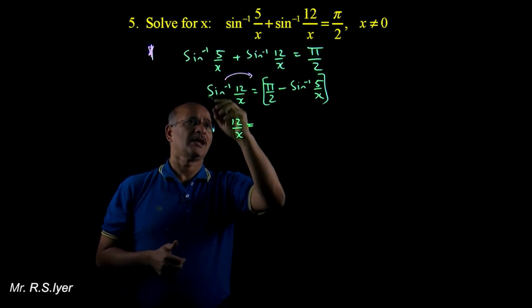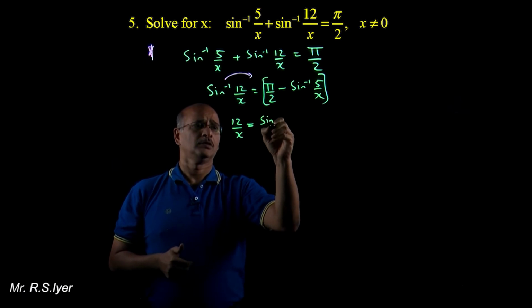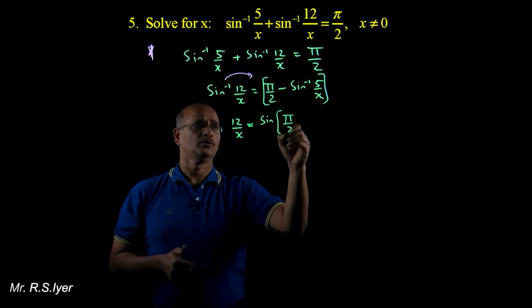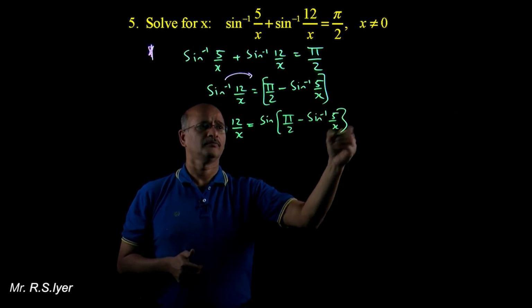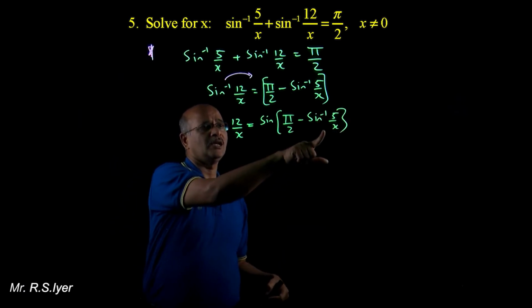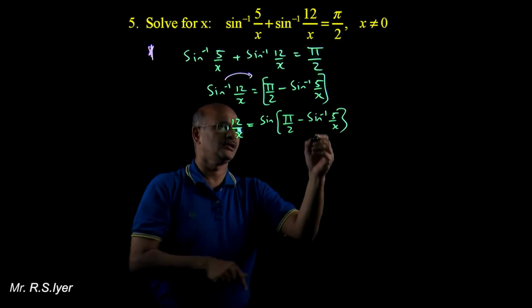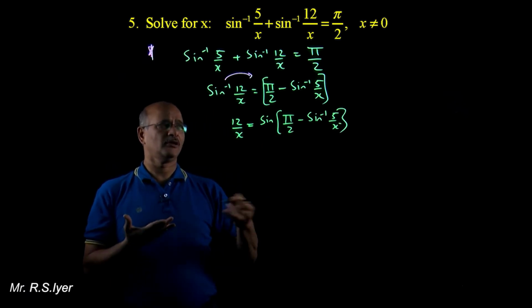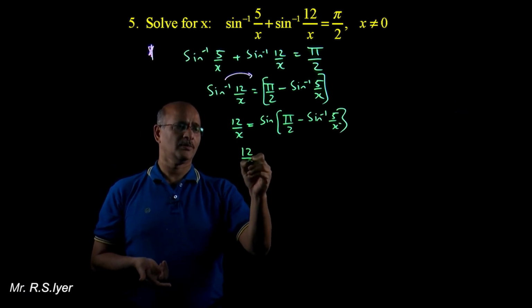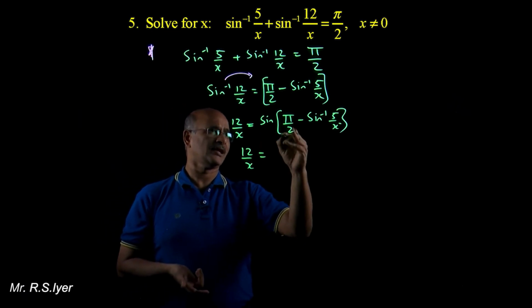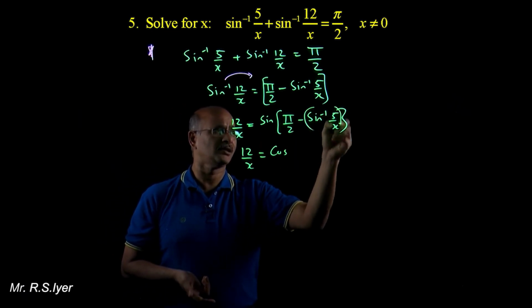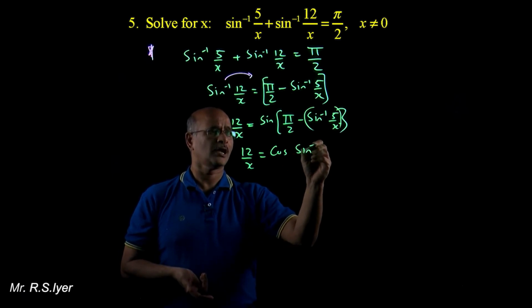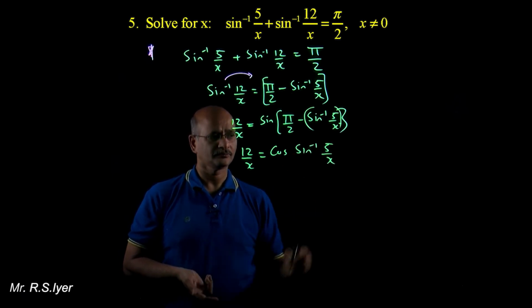It will become sine of pi by 2 minus sine inverse 5 by x. Now remember, this is my theta, so sine of 90 minus theta will become cos theta. So 12 by x equal to sine 90 minus theta, which is cos theta. Now this is my theta, cos of sine inverse 5 by x.